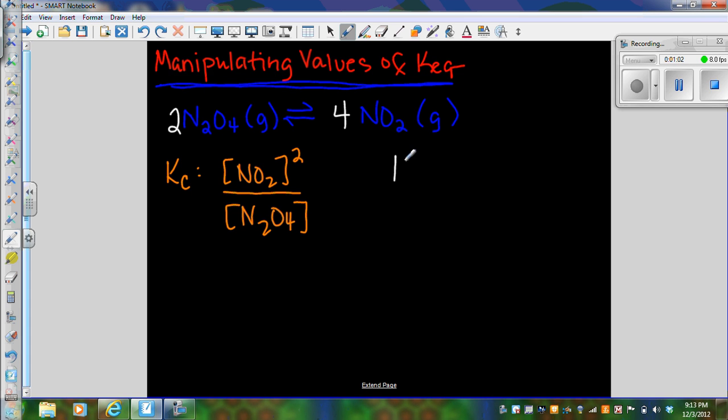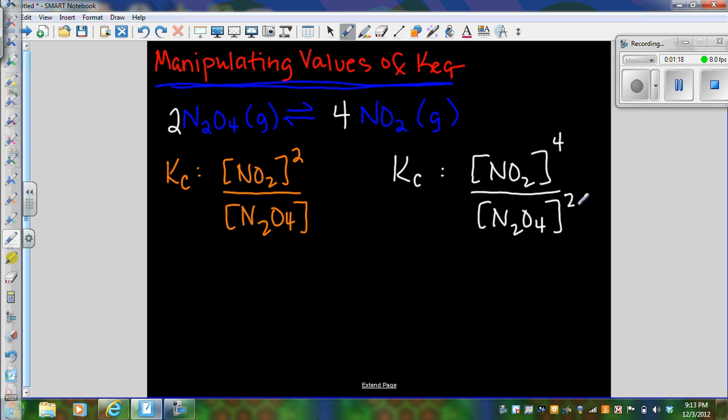If we were to write the expression this time, we would take the concentration of NO2 raised to the 4th power, divided by the concentration of N2O4 squared. So if we used easy numbers, this answer would change by a power of 2.